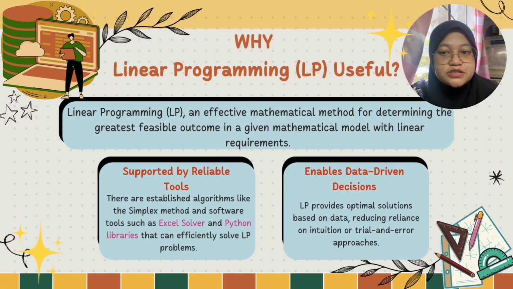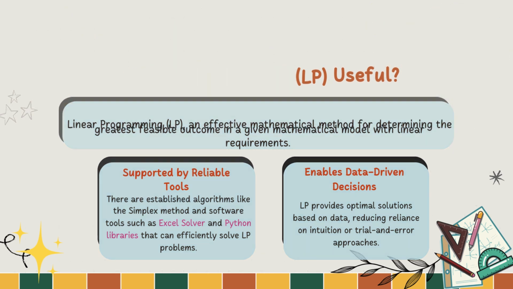There are established algorithms like the simplex method and software tools such as Excel Solver and Python libraries that can efficiently solve LP problems. Last one is enabling data-driven decisions. LP provides optimal solutions based on data, reducing reliance on intuition or trial and error approaches.